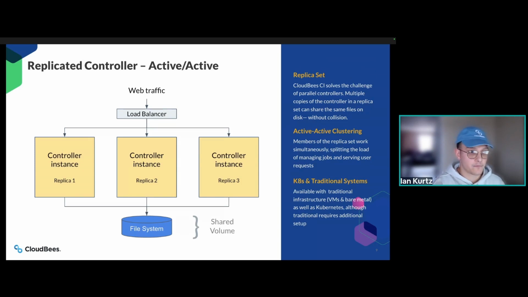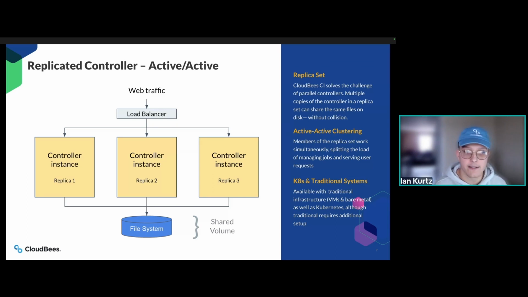Now, with CloudBees CI, the new active-active architecture, we solve that challenge directly, right? We create that single logical controller, thanks to a shared volume, whether that's an NFS volume for on-premise installations or maybe EFS for AWS installations.